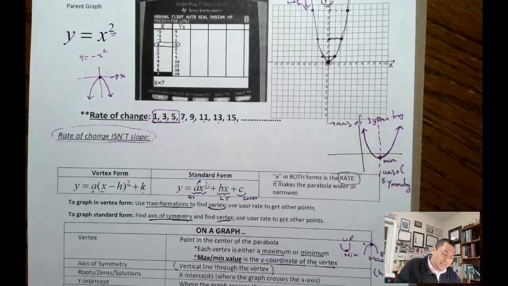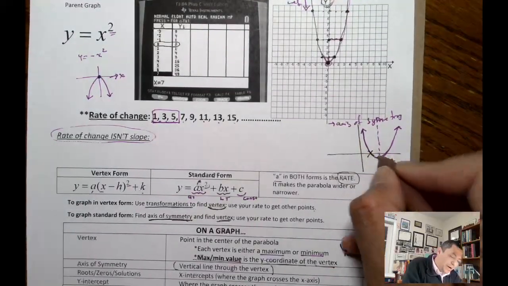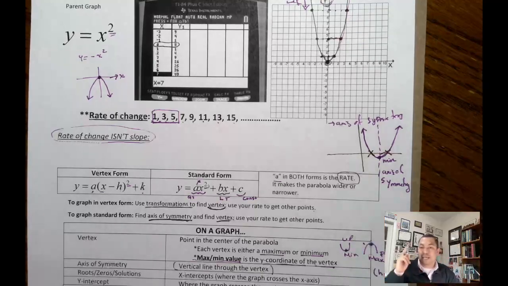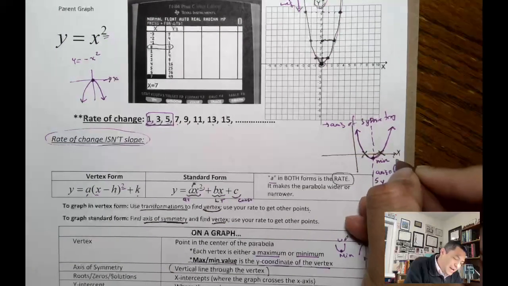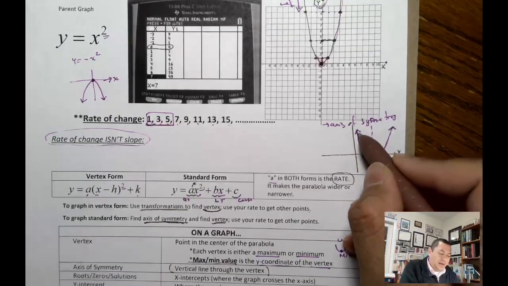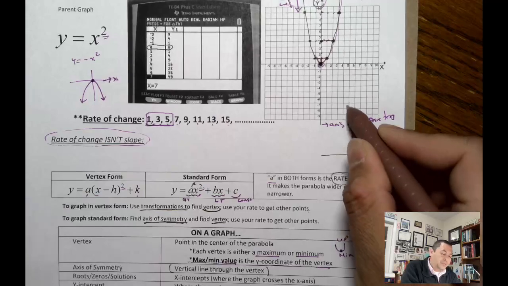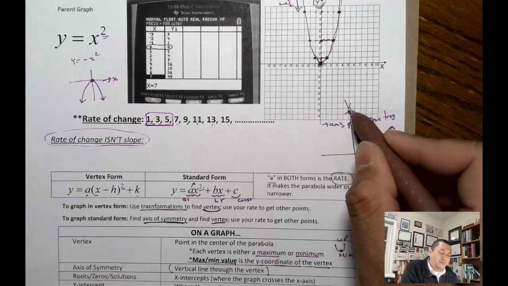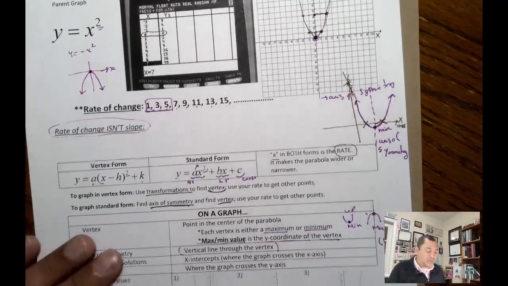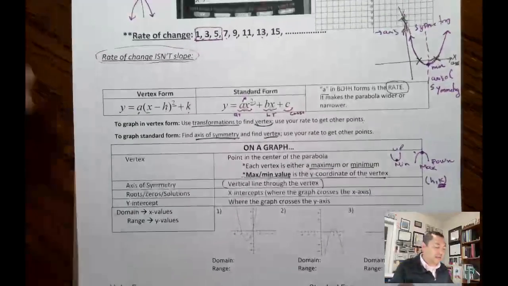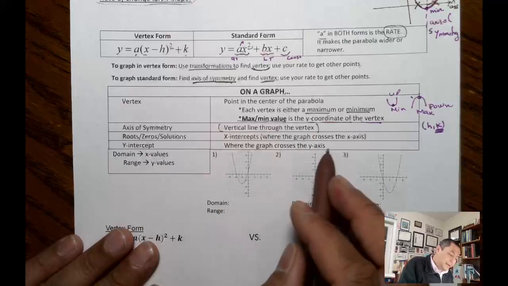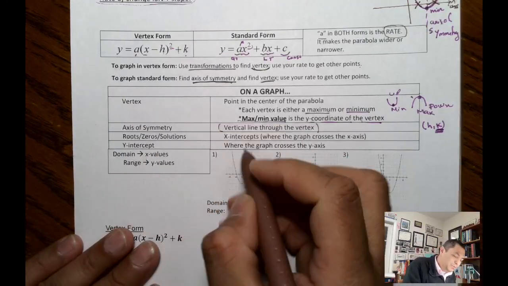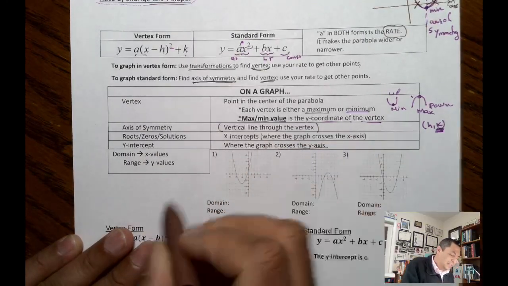In this other one we have two x-intercepts because the parabola crosses the x-axis two times. As we can see, this one keeps growing this way, so at some point here we are going to have the y-intercept, but we are going to learn how to calculate that one later. The y-intercept is where the graph crosses the y-axis.